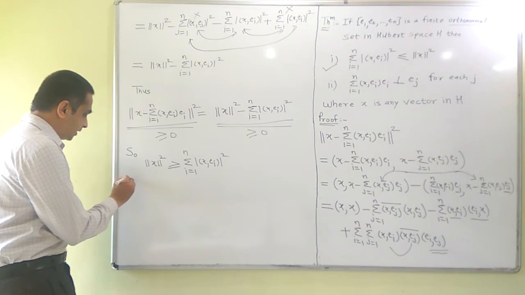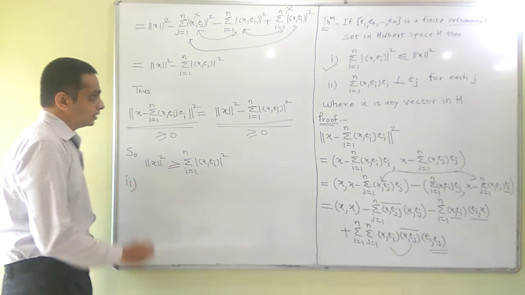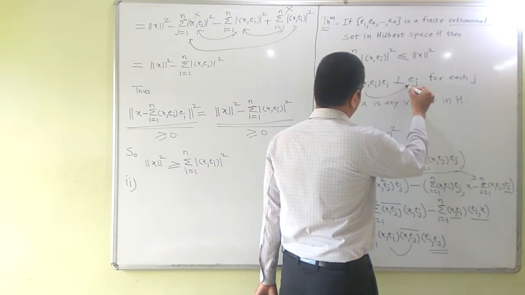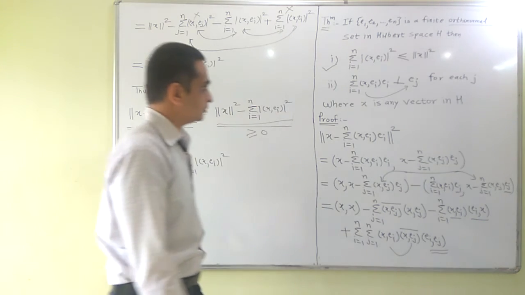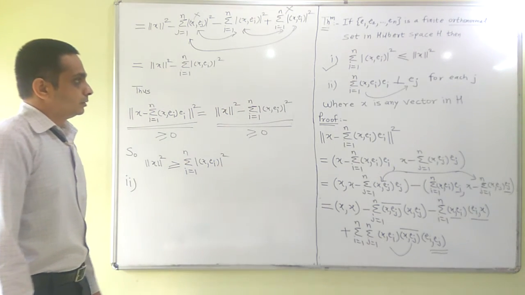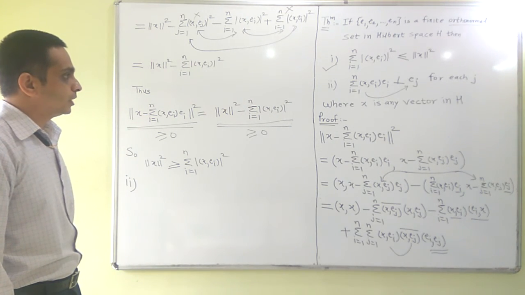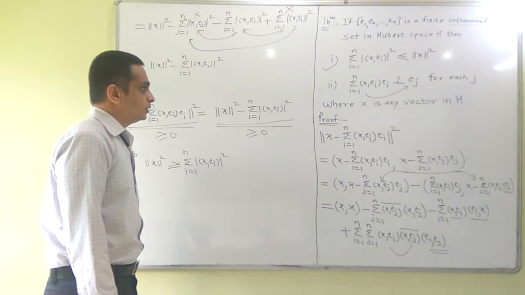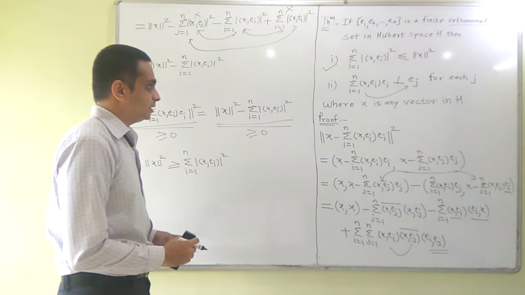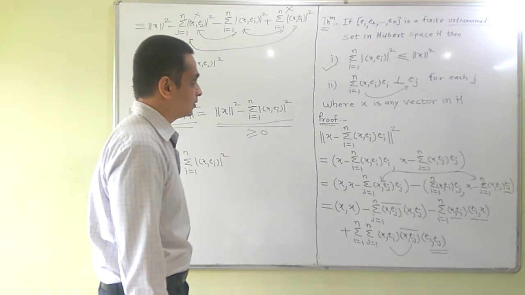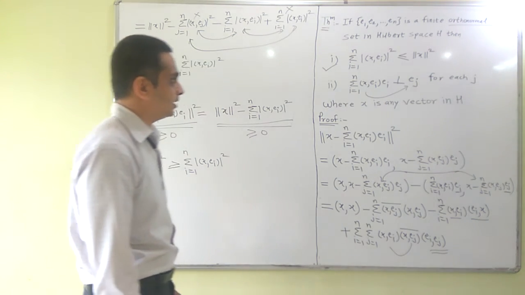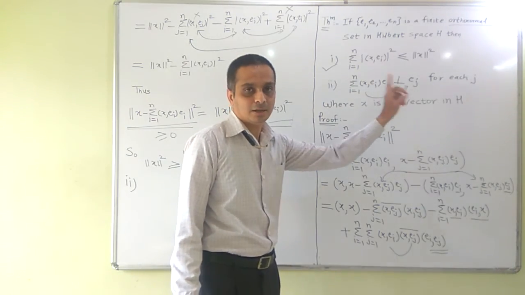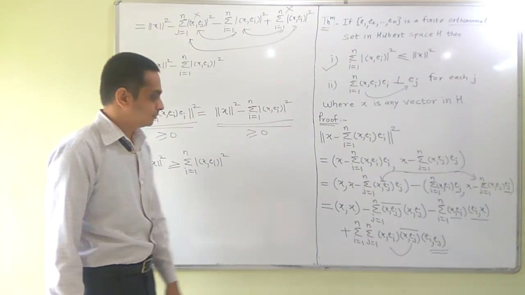For proving the second, we have to prove that this is orthogonal to this. So to prove that this vector is orthogonal to this vector, for each e_j we will consider their inner product, and if their inner product evaluates to 0, then we can say that these two vectors are orthogonal to each other.